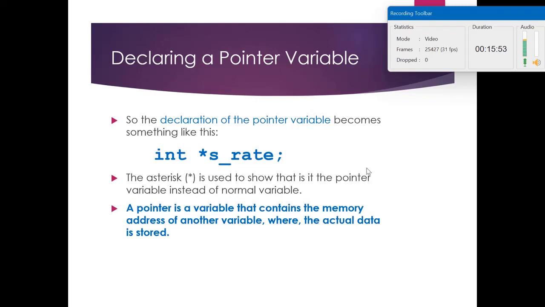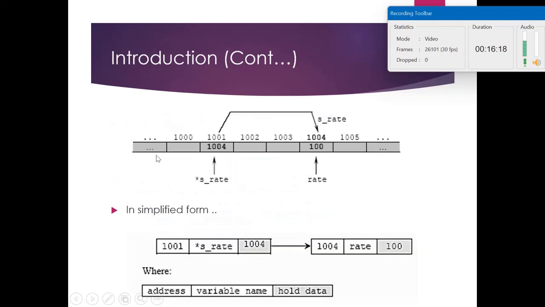This is the way of declaring a pointer variable. So the declaration of the pointer variable becomes something like this. Here it is pointing to an integer type variable. Therefore we write int *s_rate. S_rate is pointing to which variable?